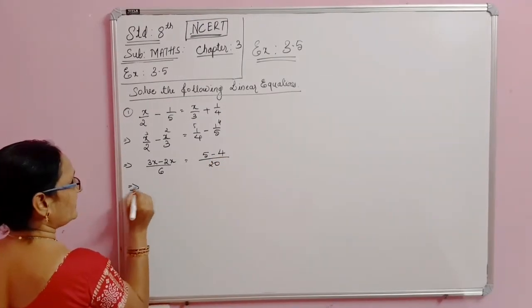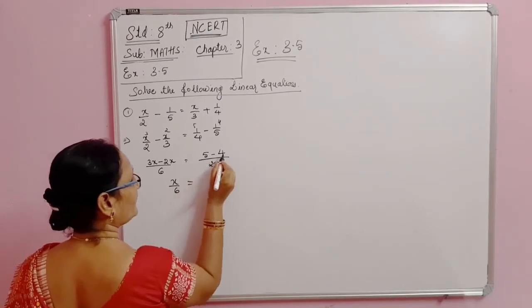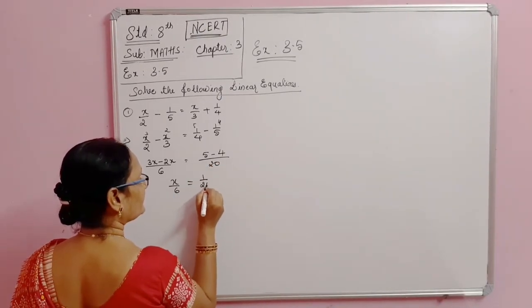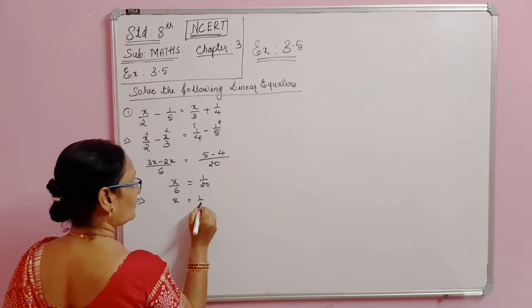Now 3x minus 2x is x by 6 is equal to 5 minus 4 is 1 by 20.